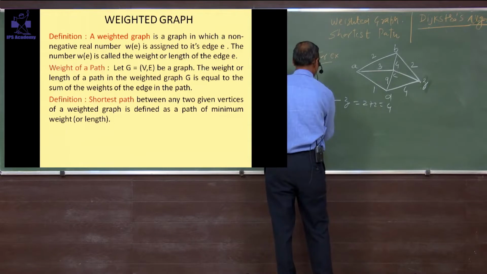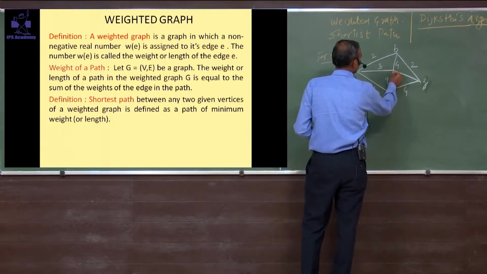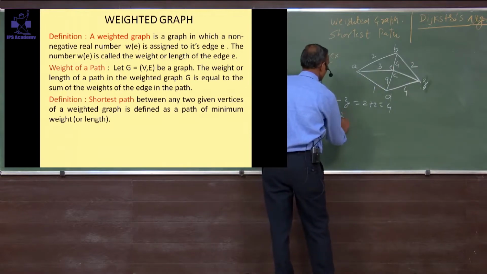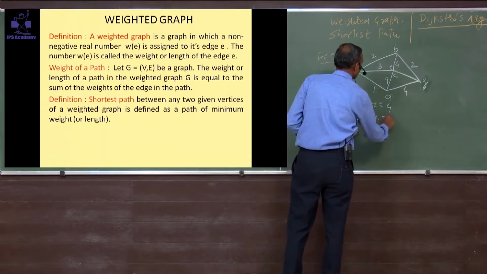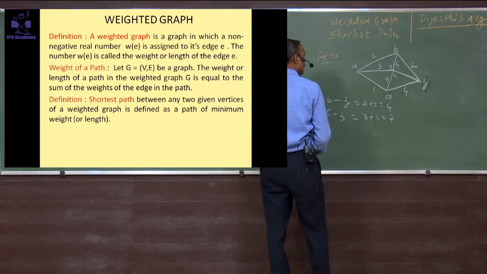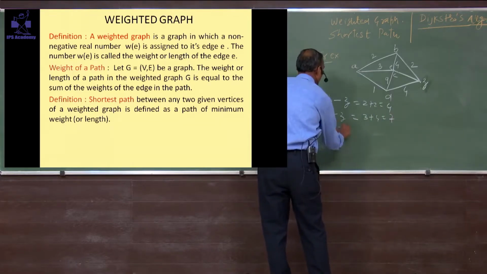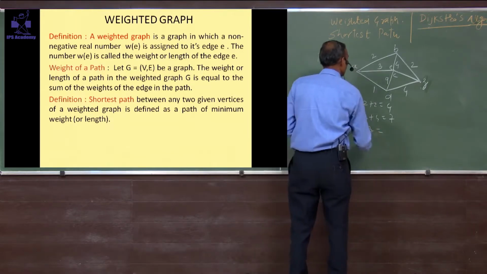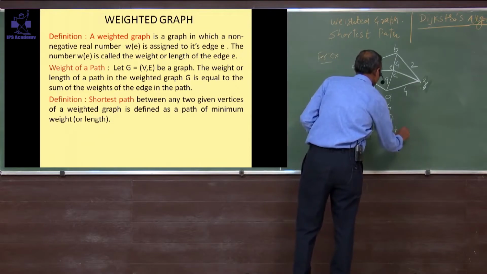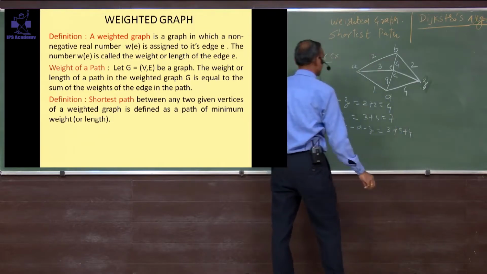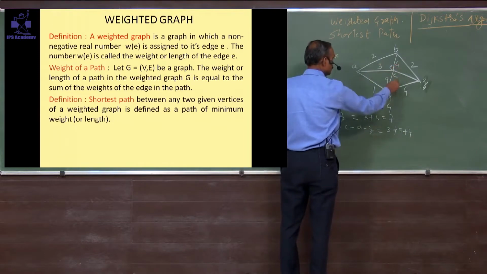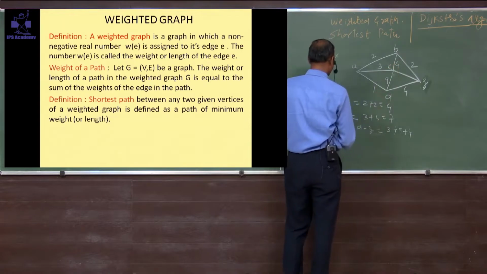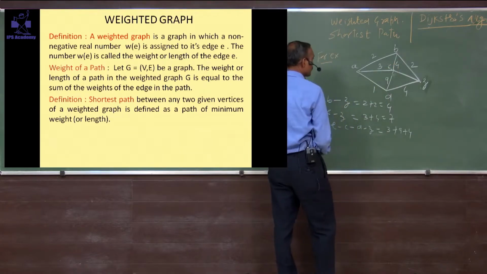Another path is A to, suppose this is E. So A to E to Z equals 3 plus 4 equals 7. Another path is A to C to Z equals 3 plus 7.